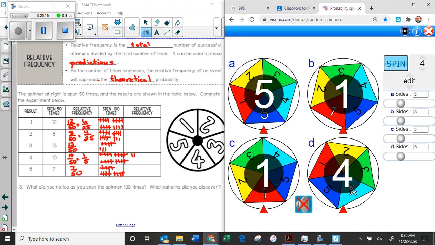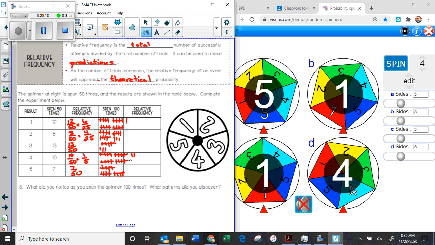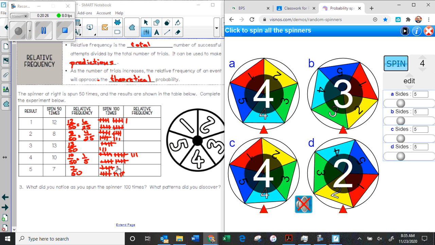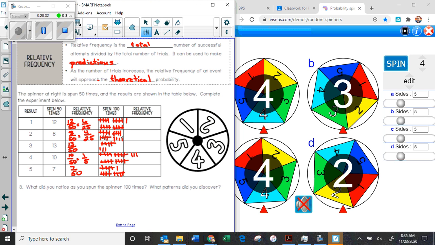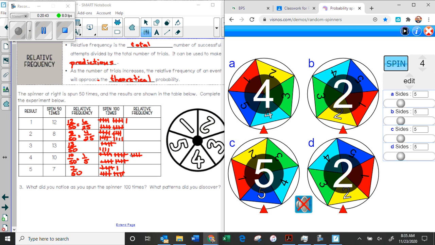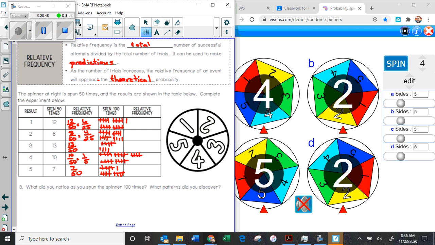So let's see, 1145. 2344. 2245. Should have kept count.